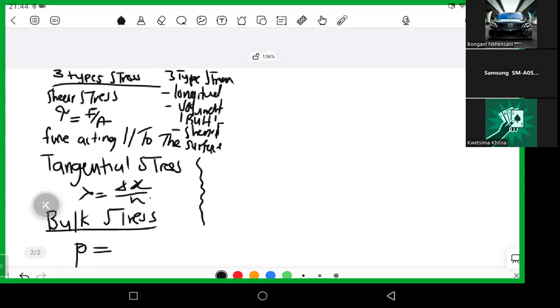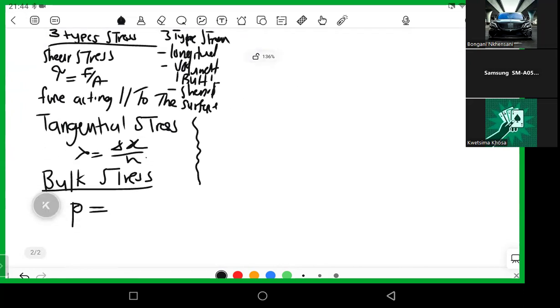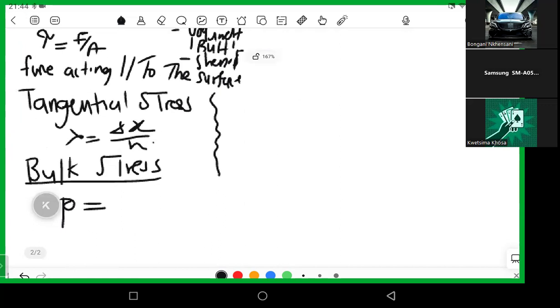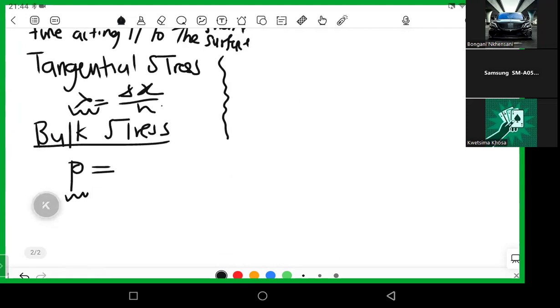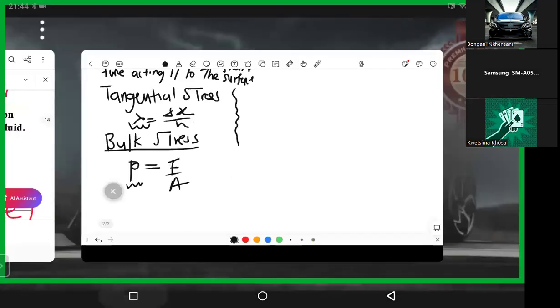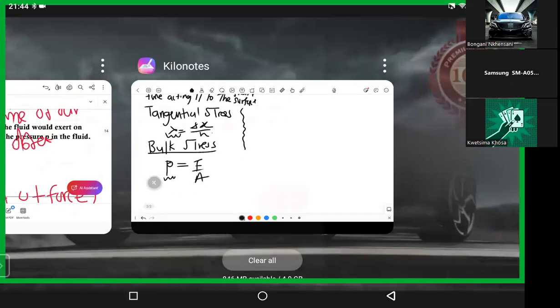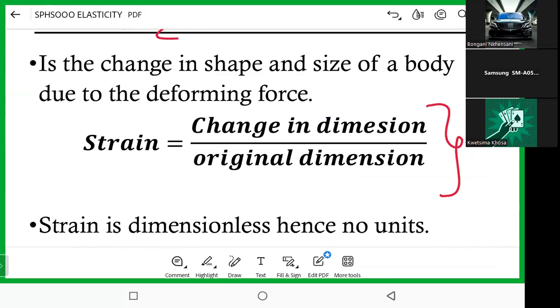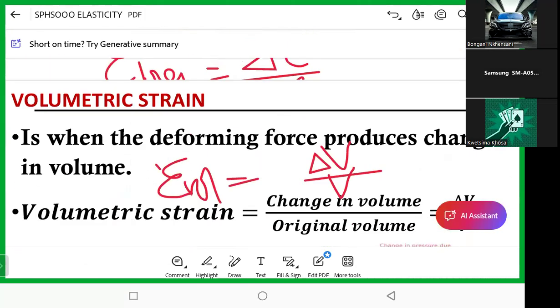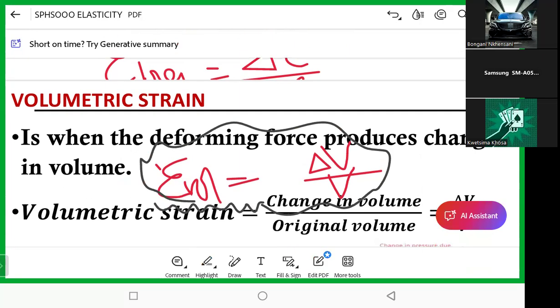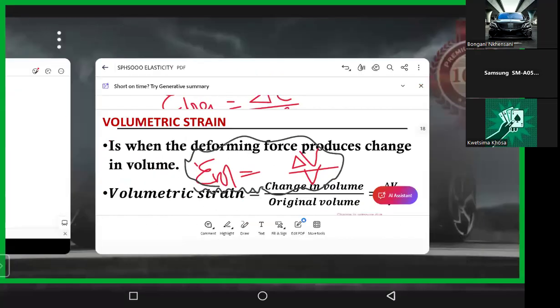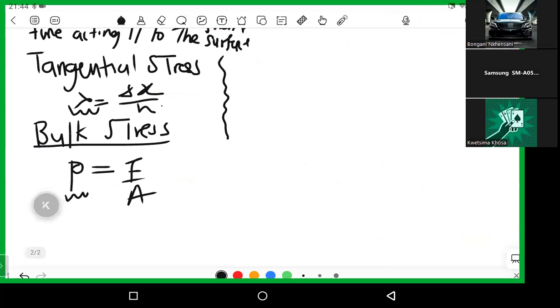For bulk strain, we're using a different variable, we're using E, change in V over V. But on stress, we're going to say P equal to F per unit A. Although we're checking for the same thing, you must be able to differentiate between strain and stress and be able to explain it to someone. So what's the difference? This could be a task check.